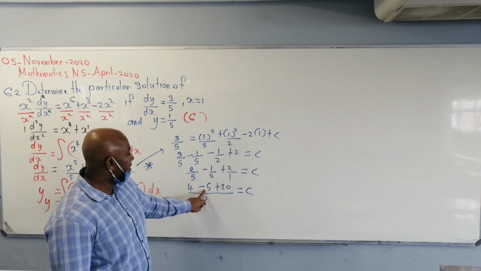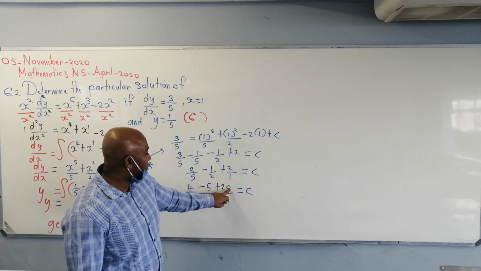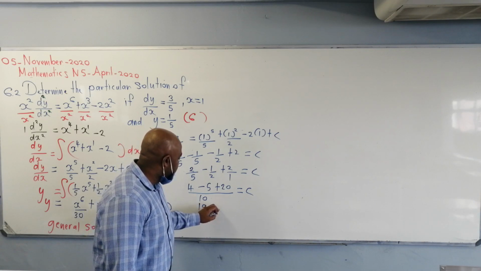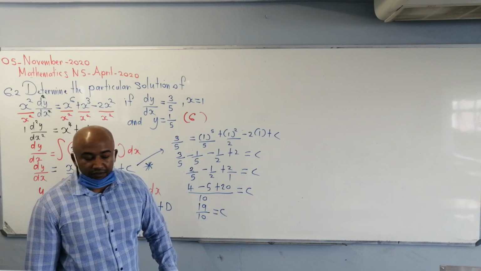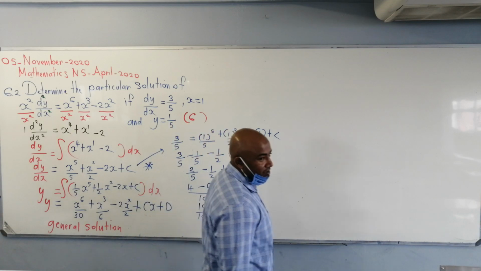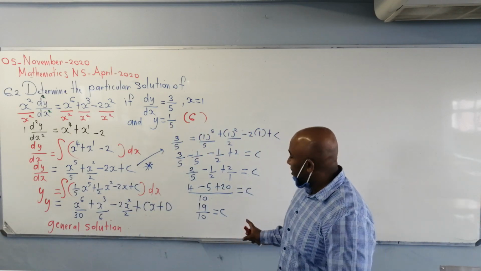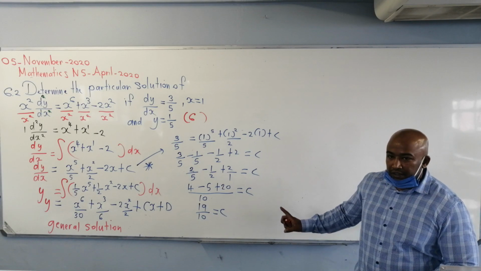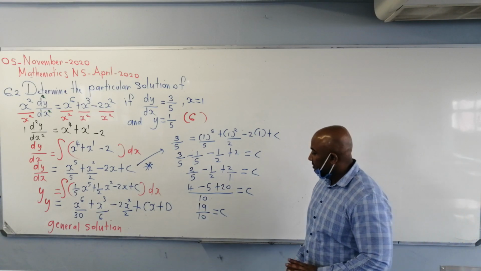So 4 minus 5 is minus 1. So 20 minus 1 is 19 all over 10 is equal to c. In the exam, you don't have to do this the long way. Okay, all you do is you just substitute.